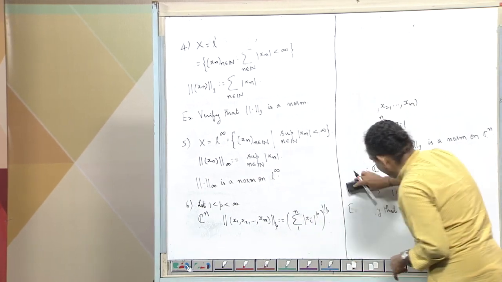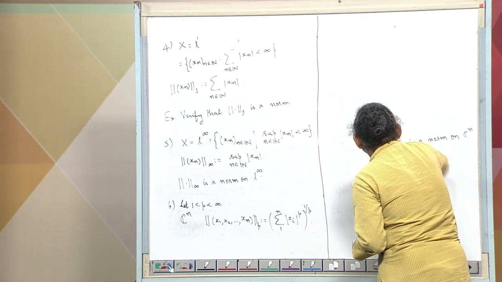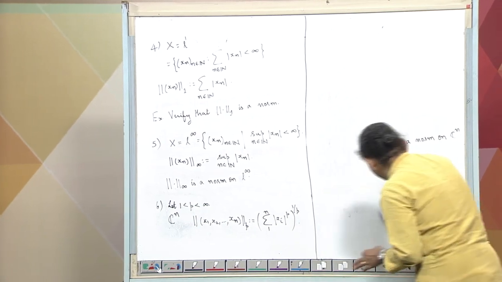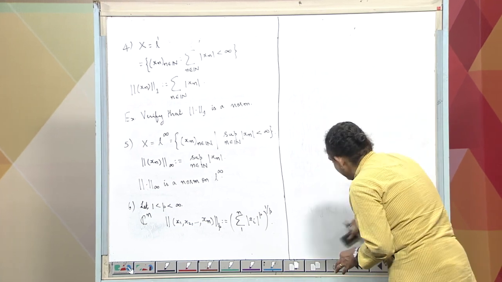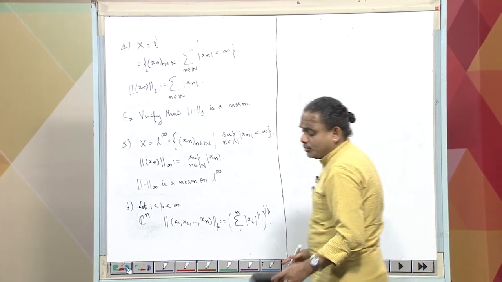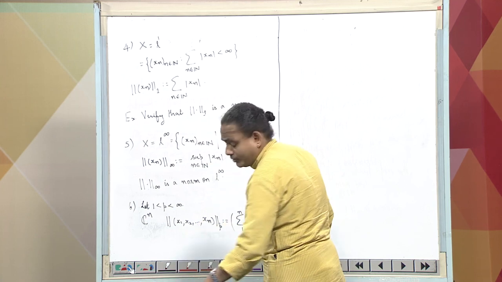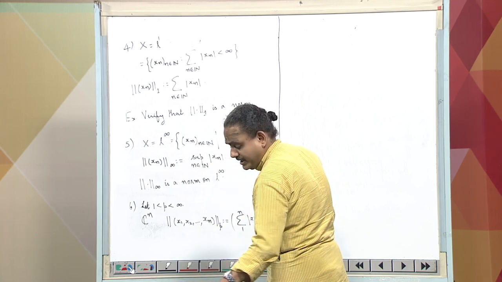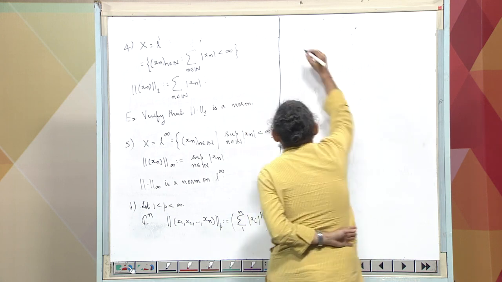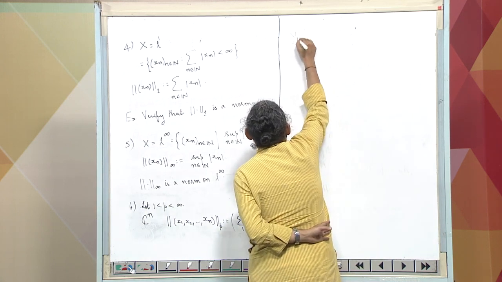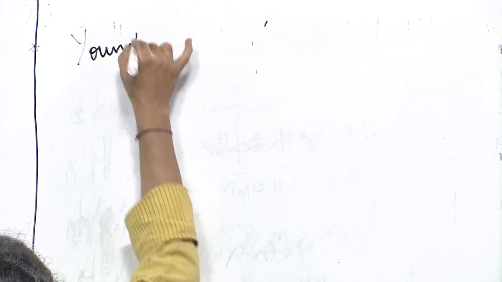In order to verify this, the most difficult one is what is known as the triangle inequality. In order to prove the triangle inequality, we will begin with an inequality known as Young's inequality, which is a fundamental inequality from calculus.